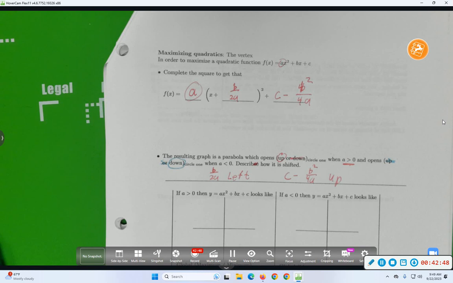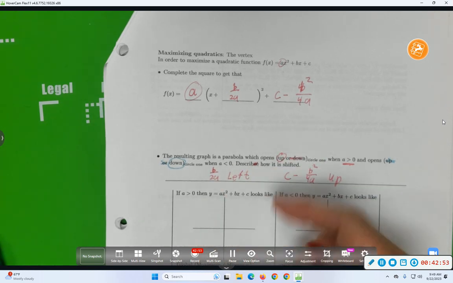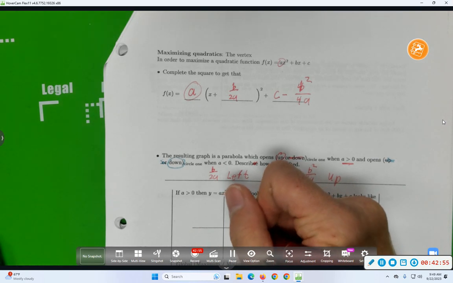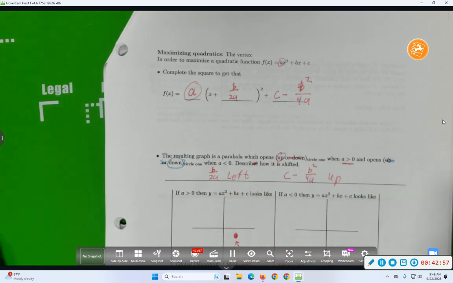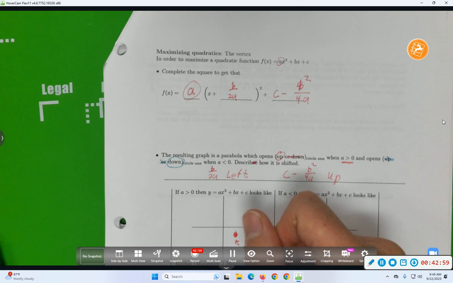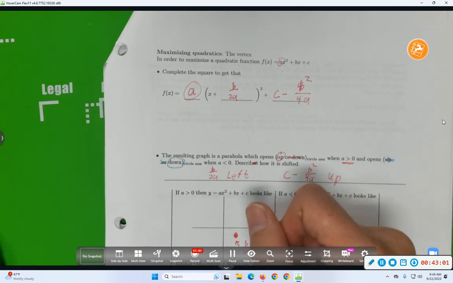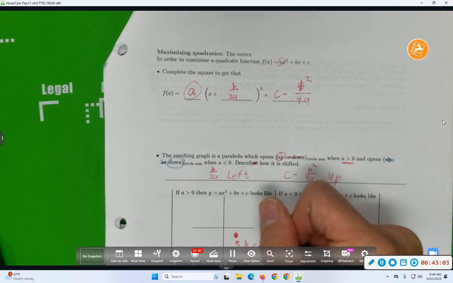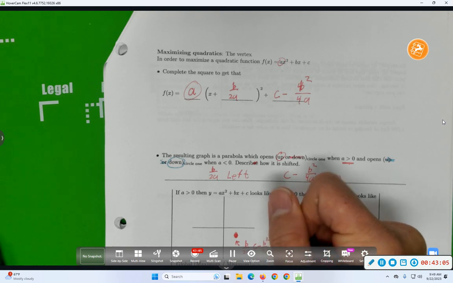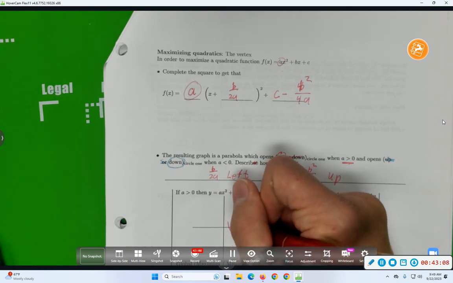Cool. So far, so good. That's enough information to graph. If a is bigger than 0, then you'll see a vertex point at b over 2a, comma, c minus b squared over 4a, and an upward opening parabola from there.